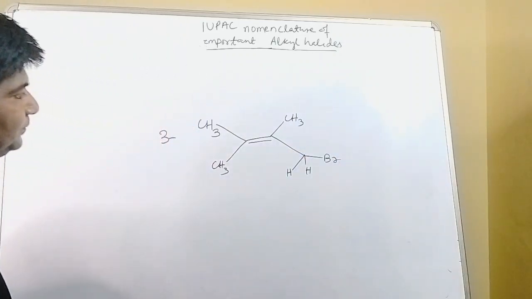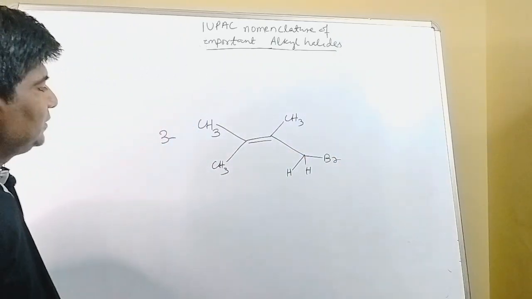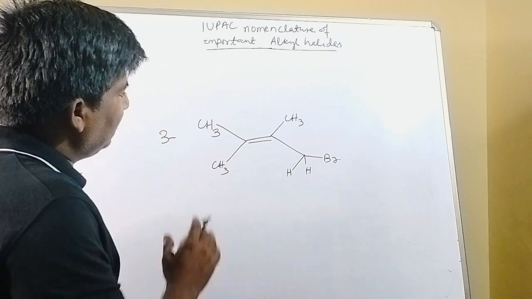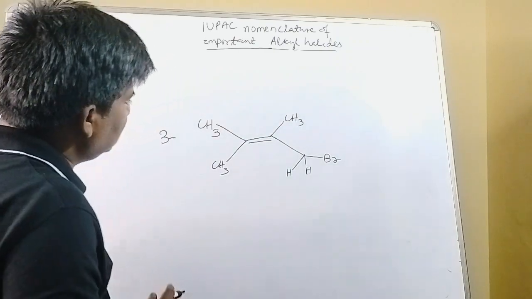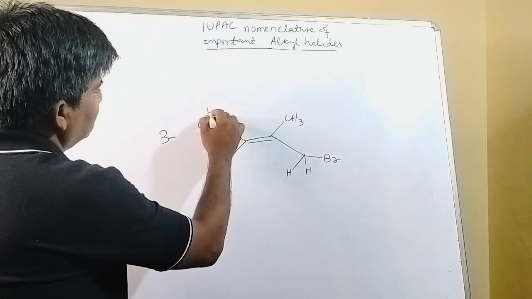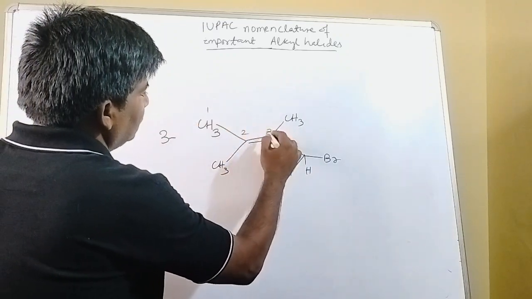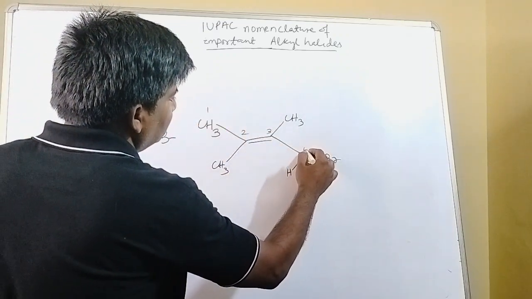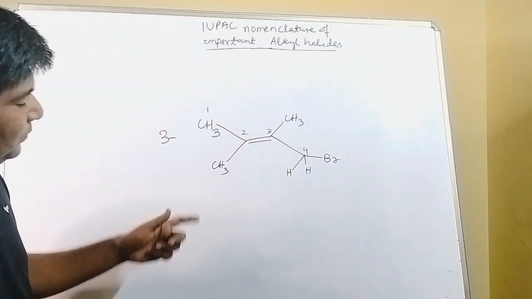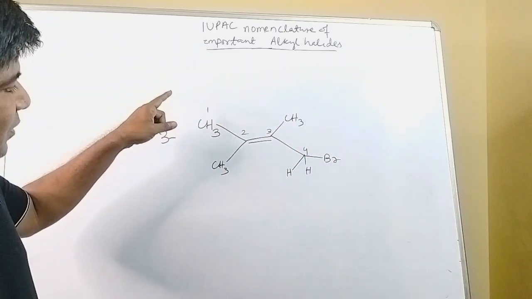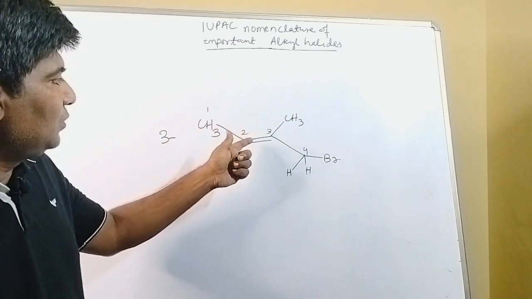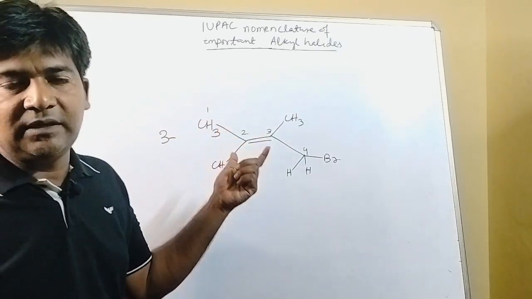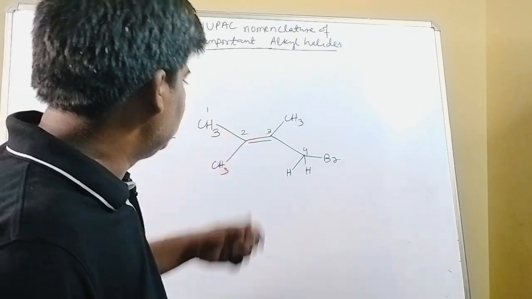So here, while numbering the principal carbon chain from left to right, the double bond gets a locant. If you start numbering from left to right, this is the numbering. So the double bond is between 2 and 3, that is, it will be assigned locant 2.